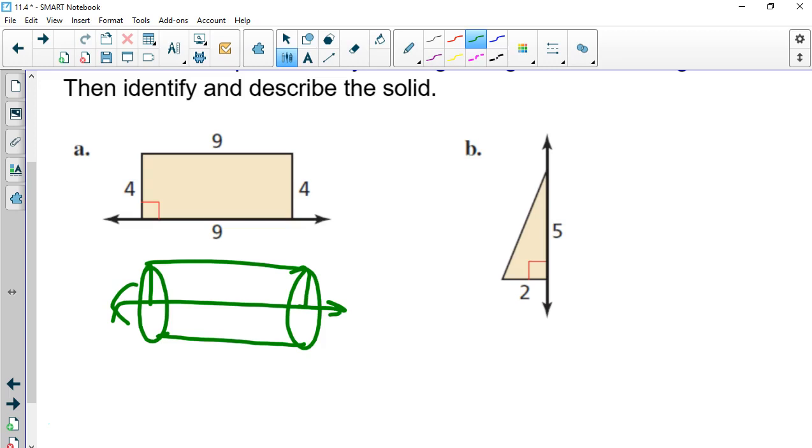Now over here, if you spun this around, remember, when you say around, you're going to have a cylinder or a cone because the base or bases are going to be circles. So if this spun around here for B, you would end up with a cone like so.